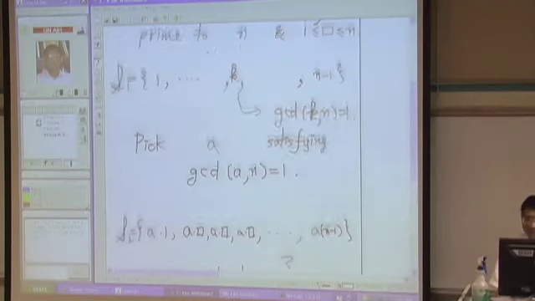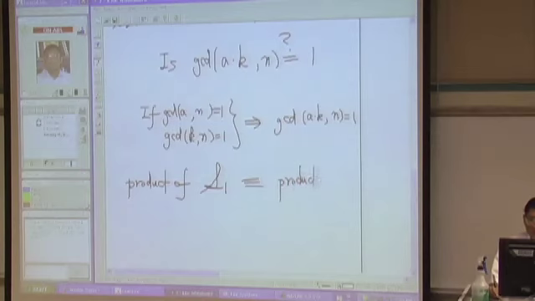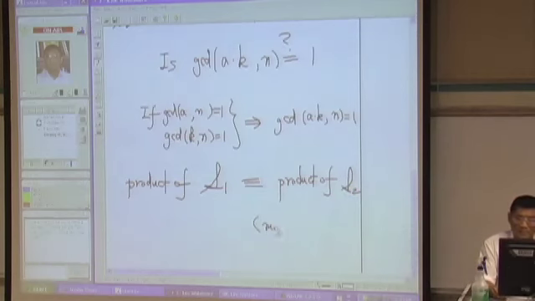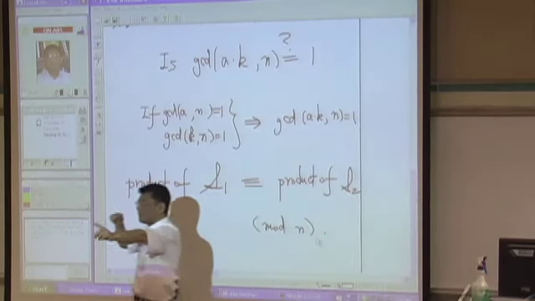But I multiply set 1 and set 2. The product of set 1 is equal to the product of set 2 as sets, mod n. As sets, they are the same. Individual members may change.